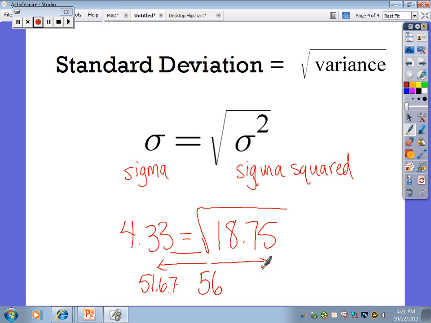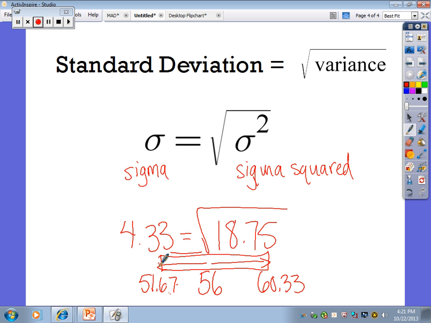And to the right, I'm going to add 4.33, and I've got 60.33. So what that is saying is that our data is pretty well dispersed between 51.67 and 60.33. So well dispersed, in fact, that 95% of the data falls in that range. So it's a pretty accurate representation of where your data is according to the mean.